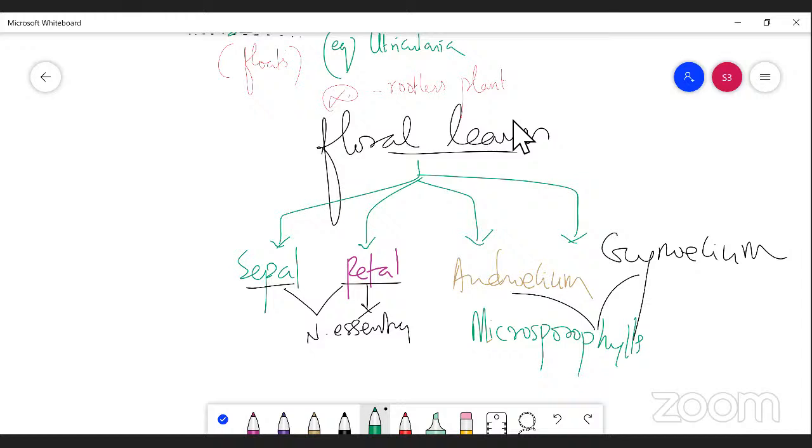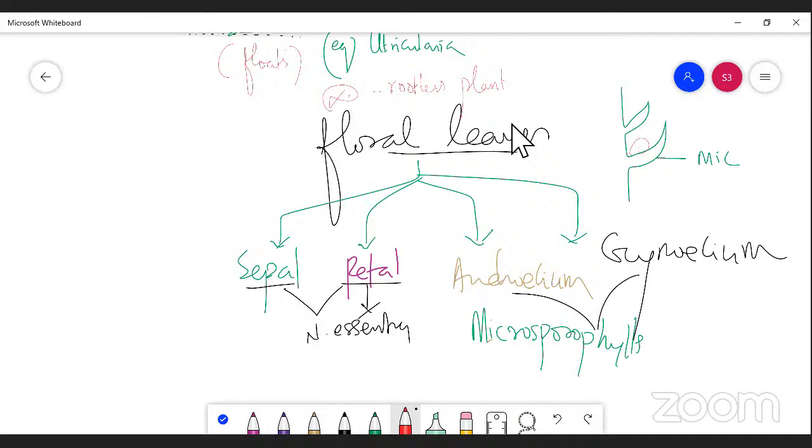If you take a pteridophytic member or a gymnospermic category, this is a plant where you find it. Here I'm talking about the microsporophyll, right? This microsporophyll encloses the microsporangia. Please understand, it is a microsporophyll.